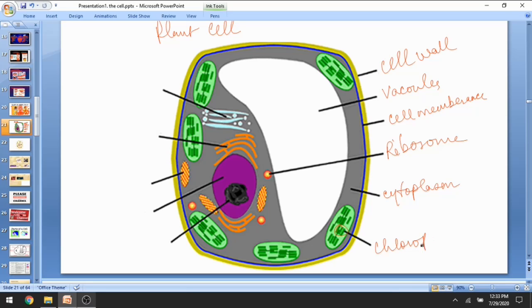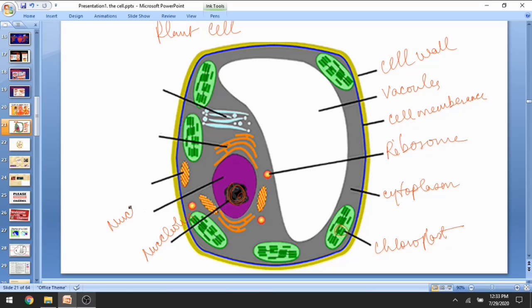Chlorophyll is a pigment present in chloroplast, responsible for giving green color to the leaves of the plants and helping in manufacturing of food within the photosynthesis mechanism. This black dense material, which acts as a safe for DNA genetic material, is known as the nucleolus. This pink purple part is known as the nucleoplasm.